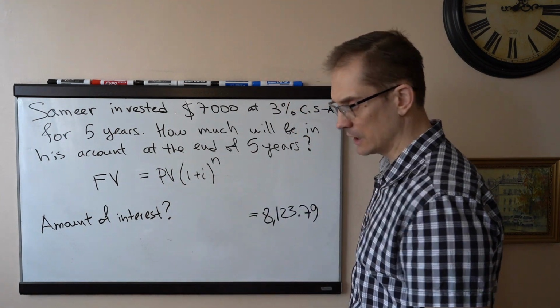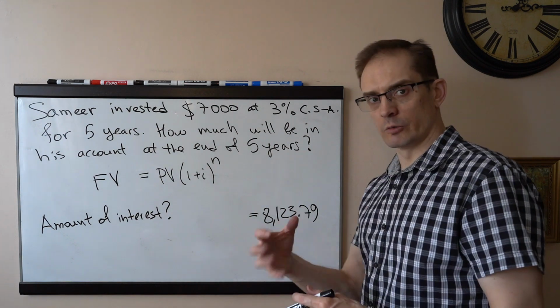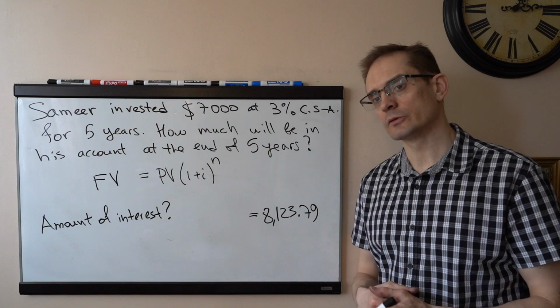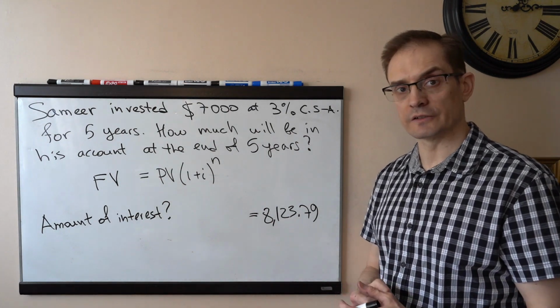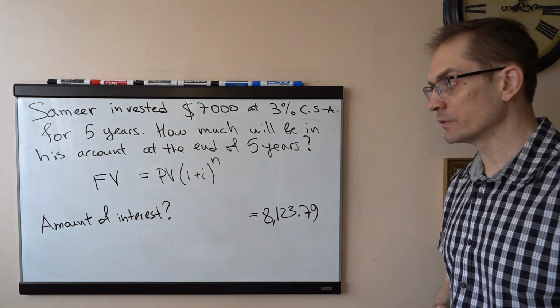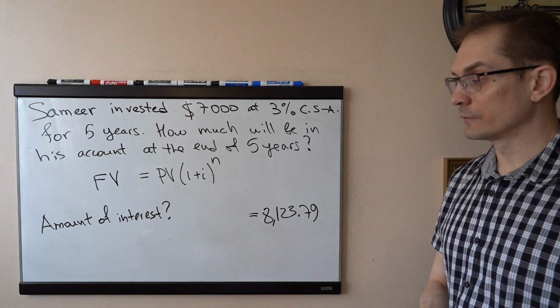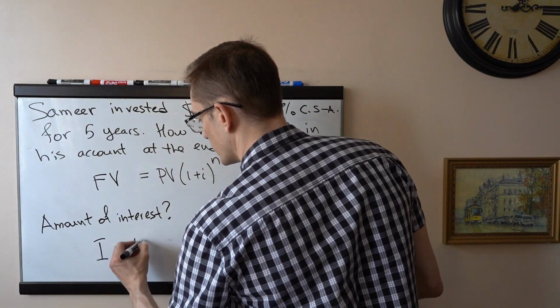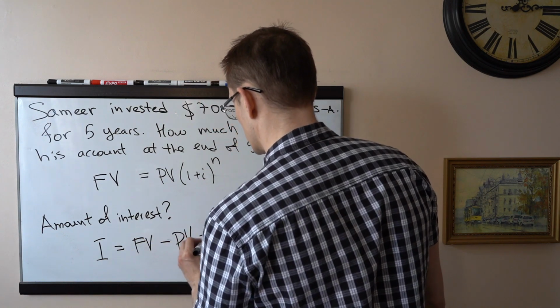You remember when we had a simple interest problem, we could use the I equals PRT formula. In this case, we cannot do this. For compound rate, there is no direct formula for calculating interest. In order to find interest, you actually need to find the future value first. So the interest calculation is your future value minus present value, right?